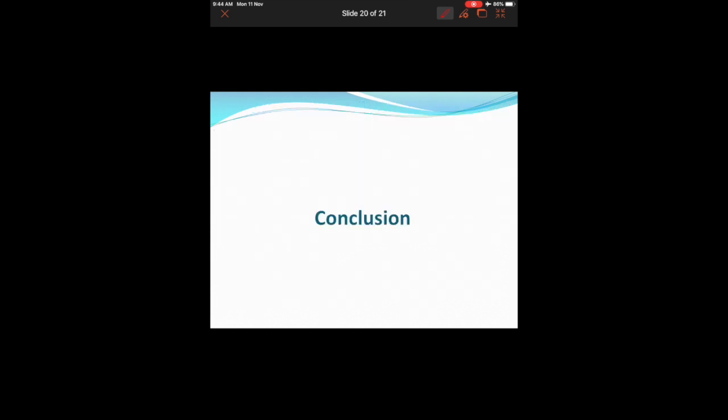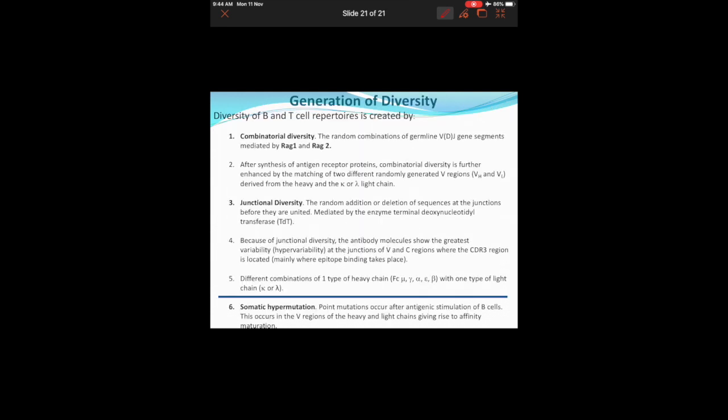So in conclusion, I've described the fact that we can generate what's called the B-cell repertoire, or the diversity in each of us, through what's called combinatorial diversity through the function of RAG1 and RAG2, selecting particular VDJ exons.